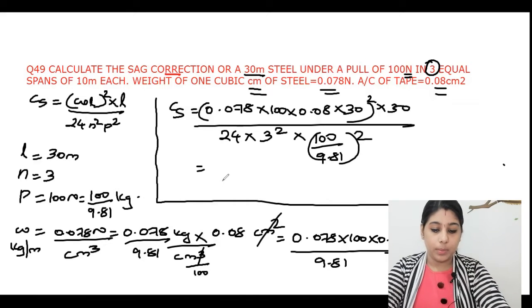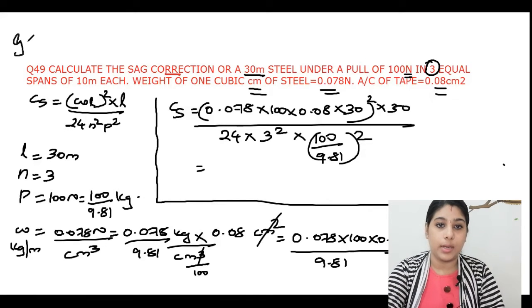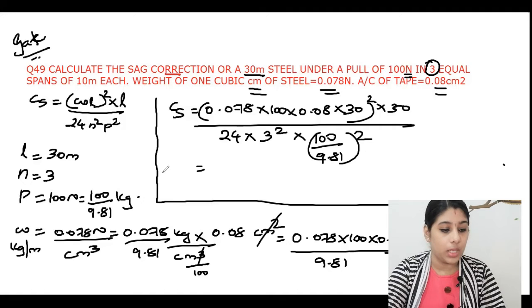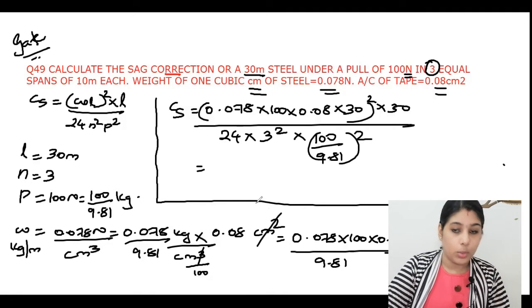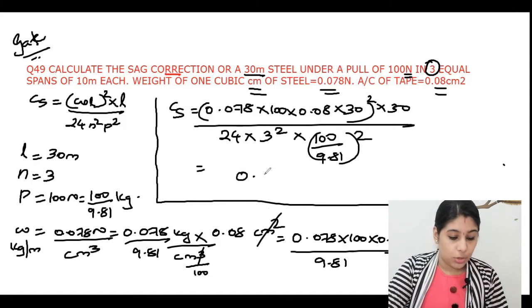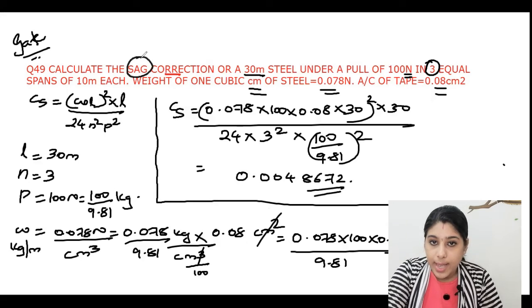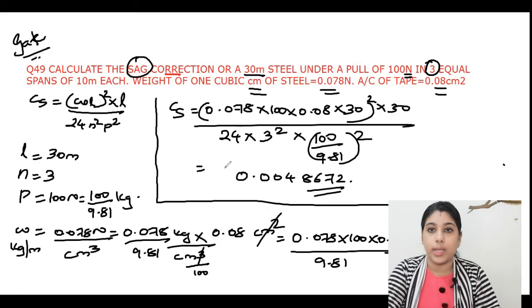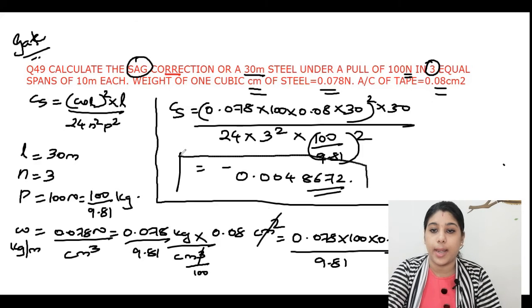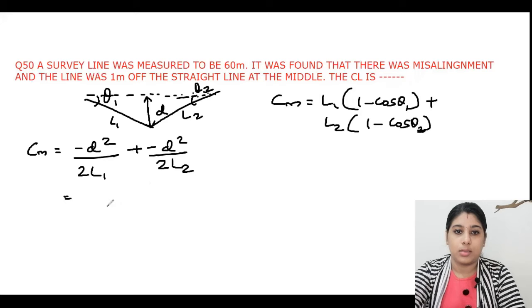Because it is a GATE related question, it can be done only with the help of a calculator. By doing this, we will get the answer 0.004867. But we know that sag correction is always a negative value, so this answer will be negative. So the answer of sag correction is negative 0.004867.